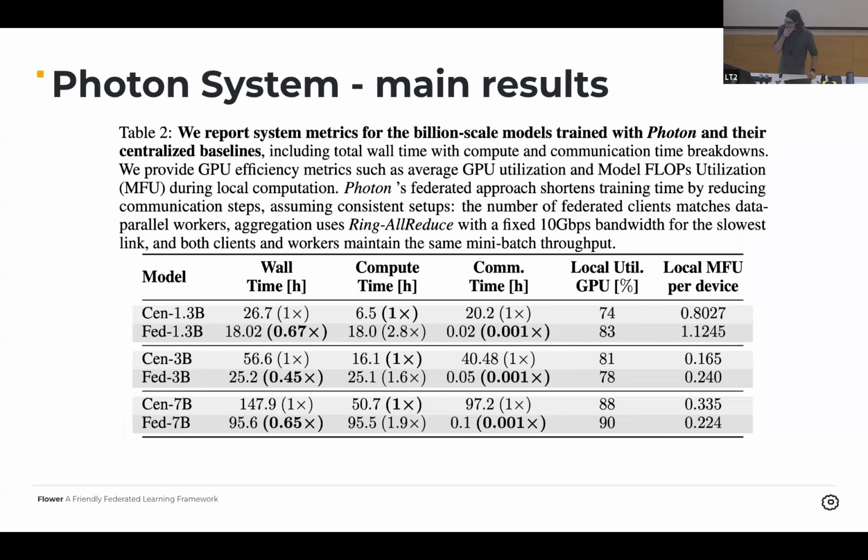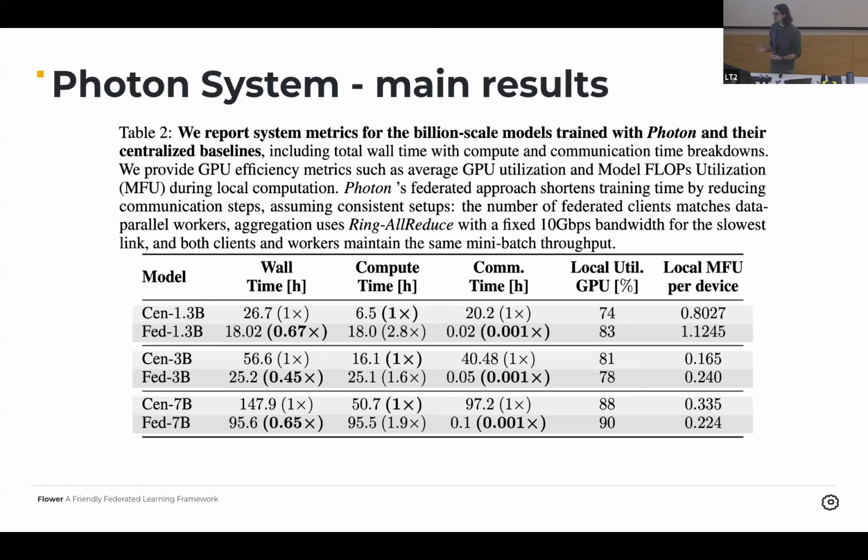Now, just showing some results of our latest arXiv paper. What we wanted to understand here is how the federated training recipe that we propose impacts the training time. Let's put centralized and federated on par in terms of setting, and assume they have the same hardware available in the same conditions in terms of connectivity.